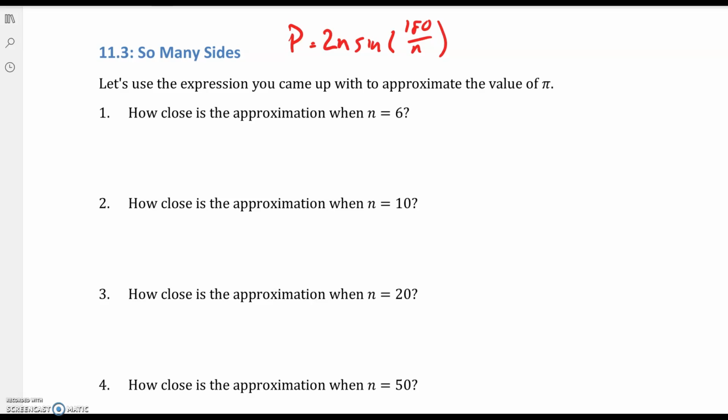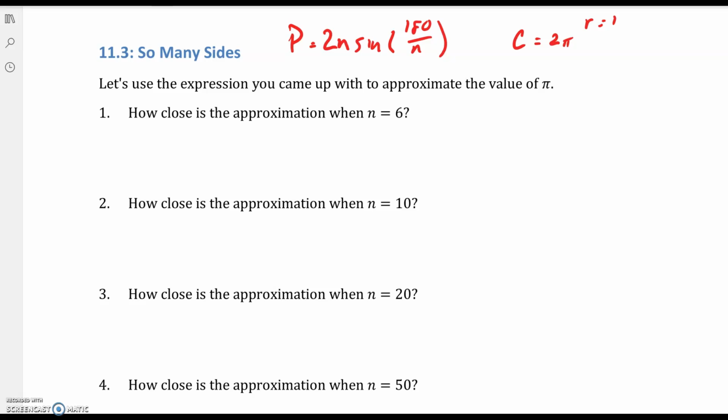So what we're going to do is use this to approximate the value of pi. Remembering that a circle has a circumference of 2 pi times the radius, and our radius was equal to 1. So a circle with a radius of 1 will have a circumference of 2 pi.